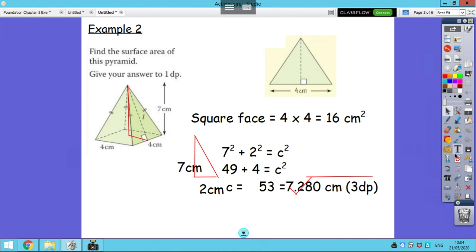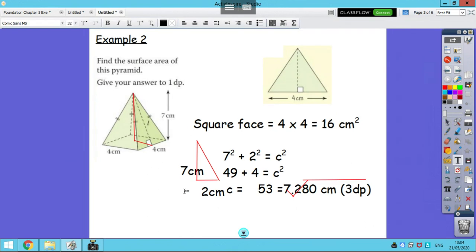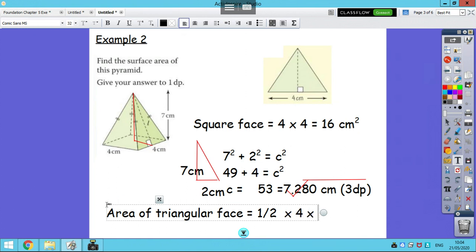So that's great. So the area of a triangular face is going to be a half, don't forget that half, multiplied by 4, multiplied by 7.280. What's happened to my square root sign?